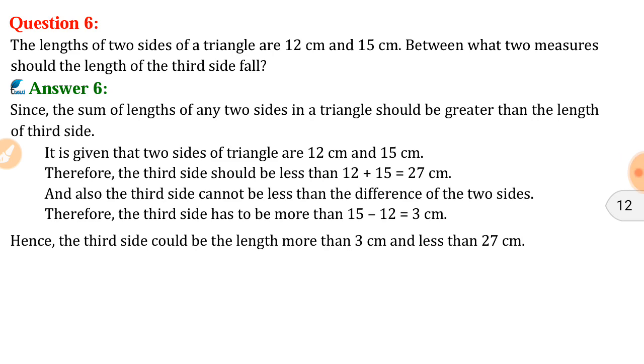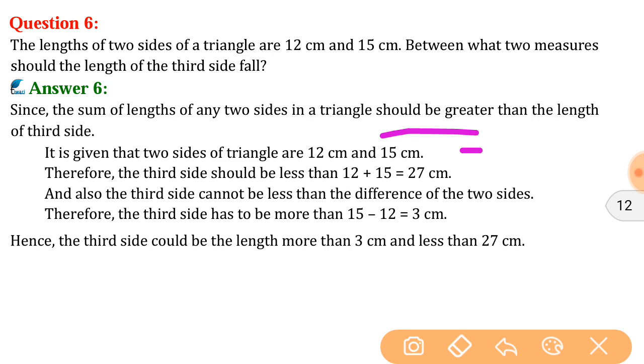See, we have the rule, the sum of the lengths of two sides of a triangle should be greater than the third. So it is given that two sides are 15 and 12 centimeter. Therefore, the third should be less than 27.